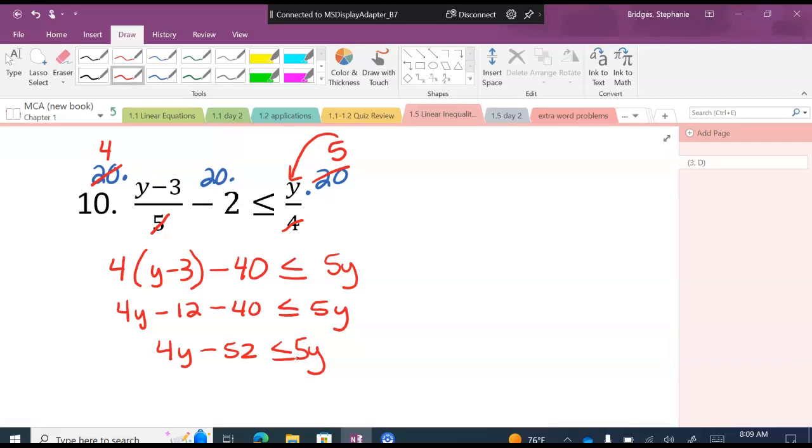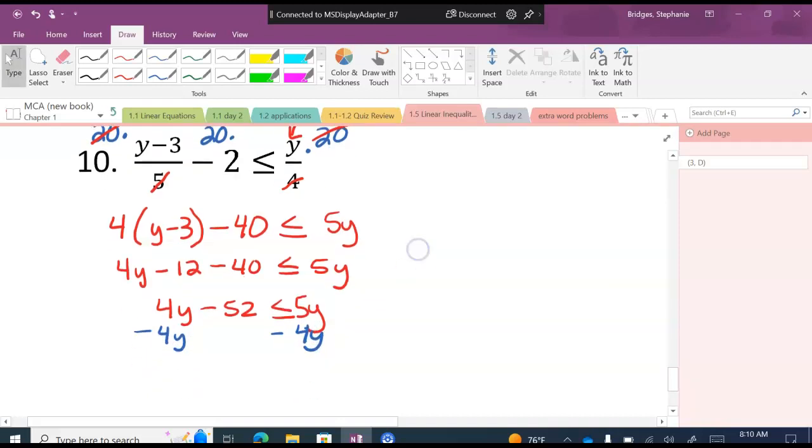So your first instinct is to do what with that 4y? Yep, subtract it over to the 5y. We're going to just have to talk about making sure we're good with switching things around. What kind of 52 is that? Negative. And 5y minus 4y is just 1y.